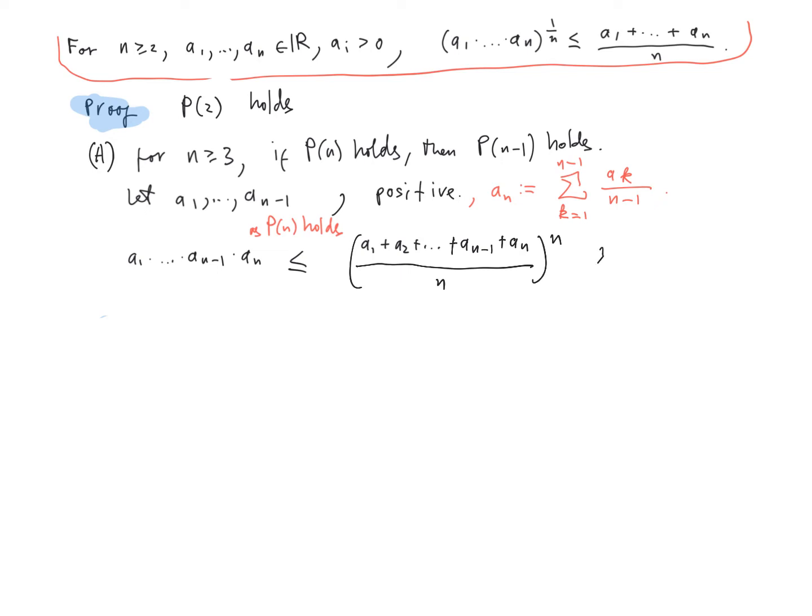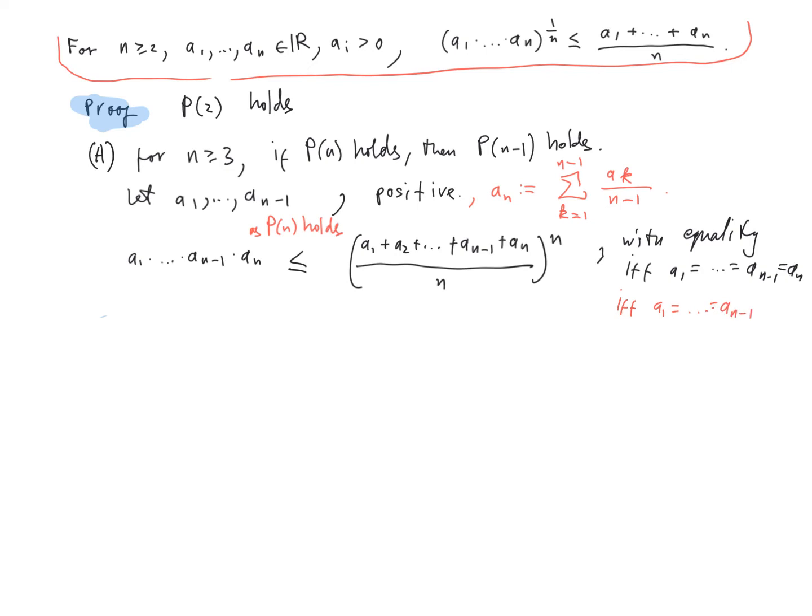And with equality if and only if all of these numbers are equal. So a1 is equal to a2, etc., is equal to a_{n-1} equal to an. And note that this happens if and only if a1 is equal to a2, etc., is equal to a_{n-1}.